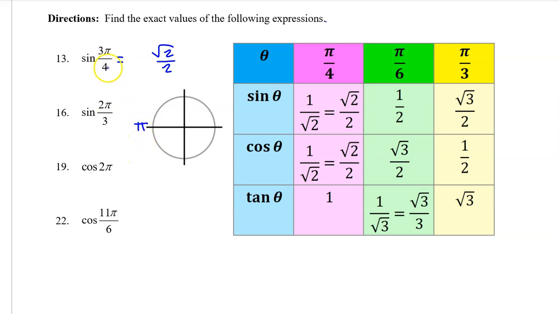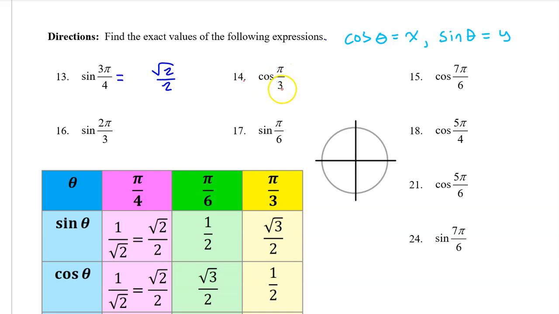With a denominator of 4, let's think of this as 4 pi over 4. Therefore, 3 pi over 4 is going to be one multiple less, which puts it in the second quadrant. On the unit circle, sine is the y value, and y values are positive in the second quadrant. We are above the x-axis. So we will leave the answer as positive radical 2 over 2.